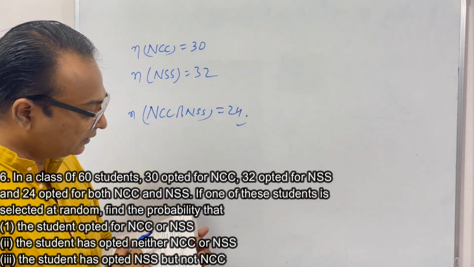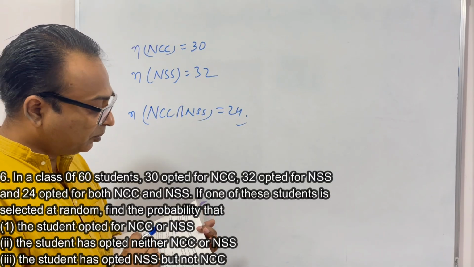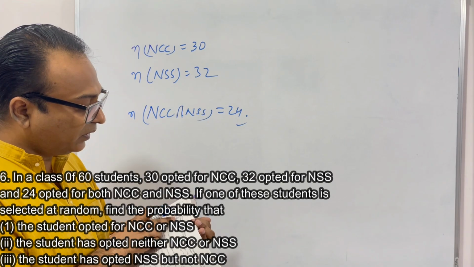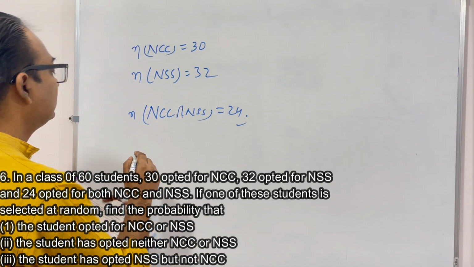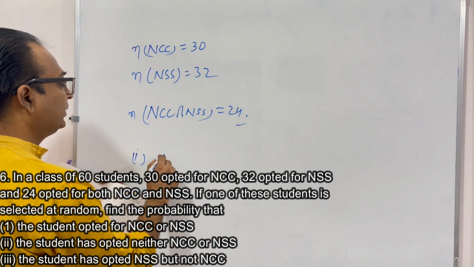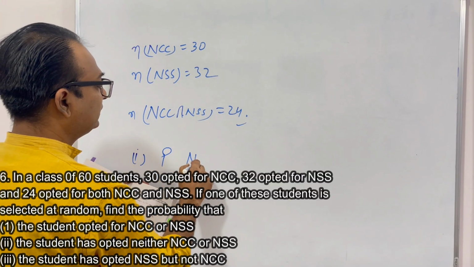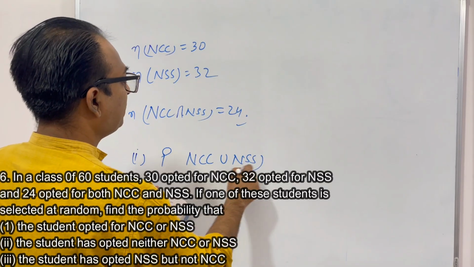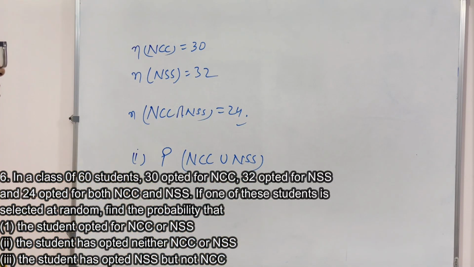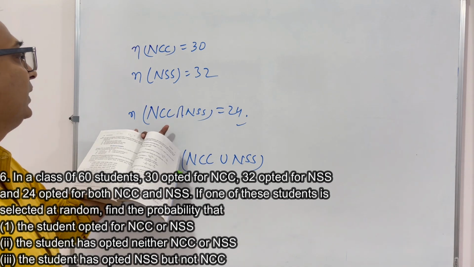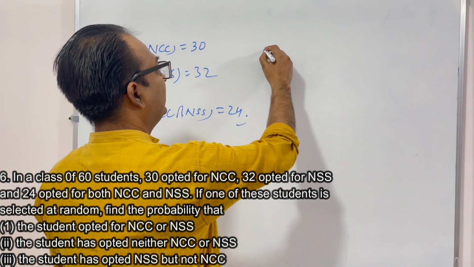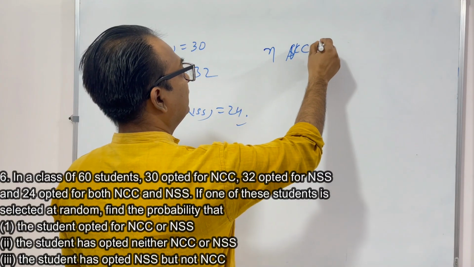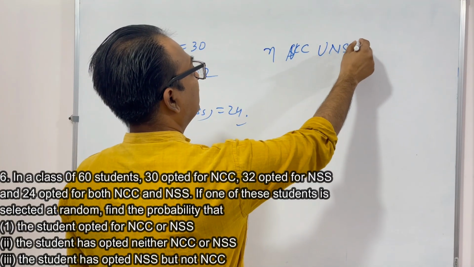Now the question is, find the probability that the student opted for NCC or NSS. That is, we have to find the probability of NCC union NSS. What will it be? See, from here we can find the value of NCC union NSS. How?